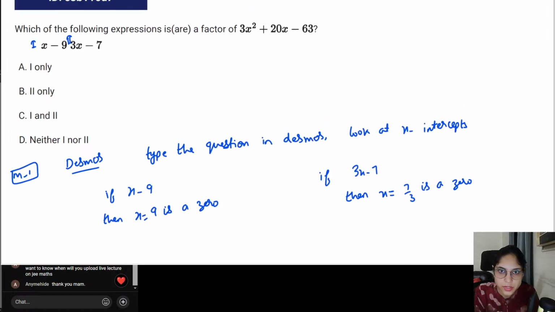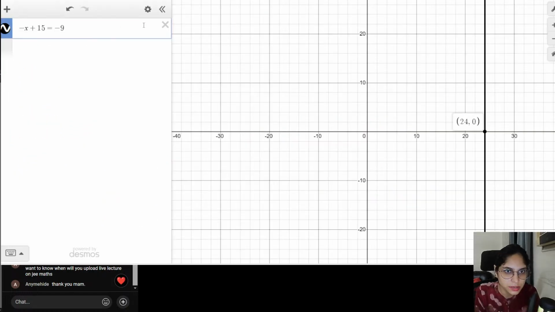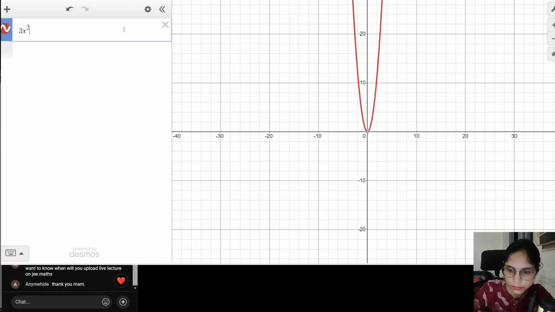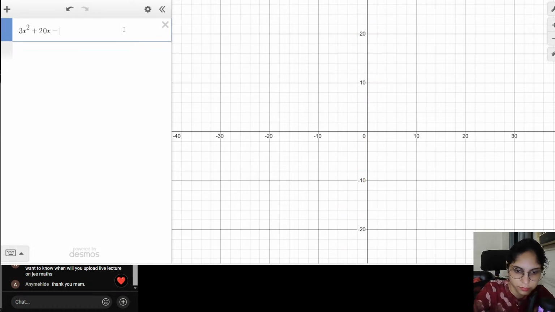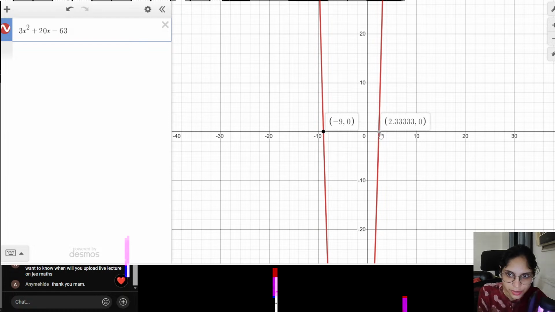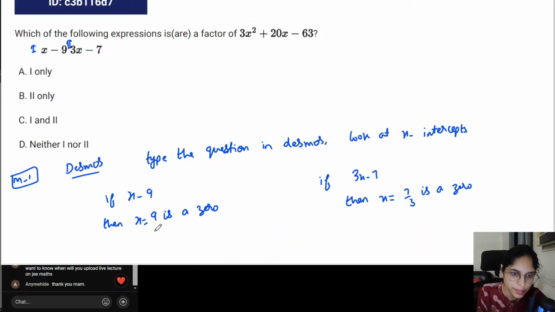So the question is what? The question is 3x squared plus 20x minus 63. Getting negative 9 and you're getting 2.333333. So x is equal to 9, x is equal to negative 9 is not the option. So this is gone.